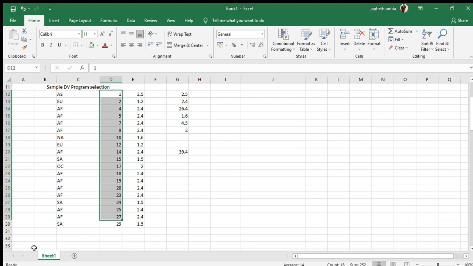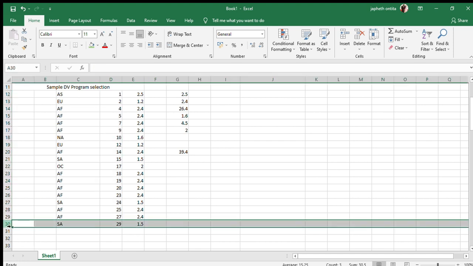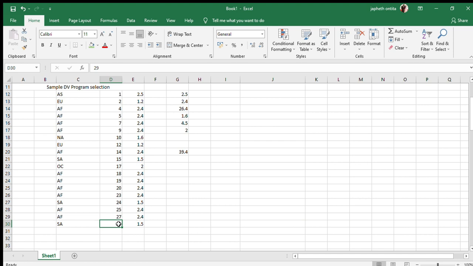If we take an example of this individual here with case number 29 in our sample DV lottery selection process, this individual with case number 29 does not have 28 people ahead of him or her. And as we can see, he or she only has 18 people ahead of him or her.